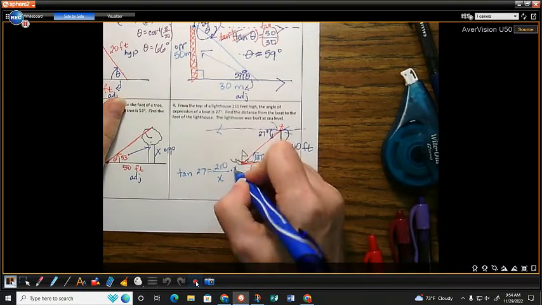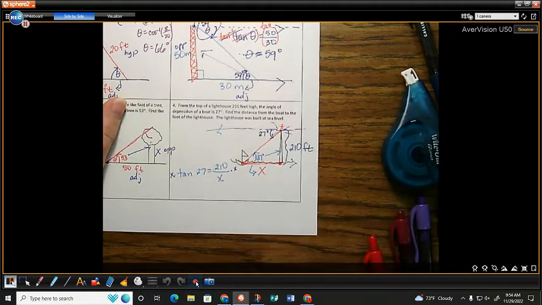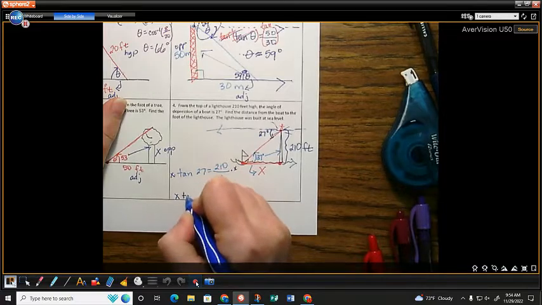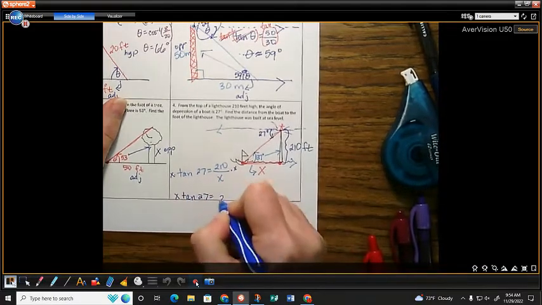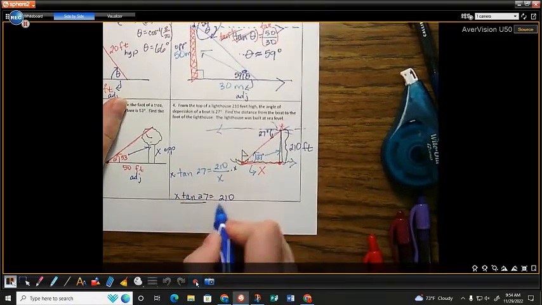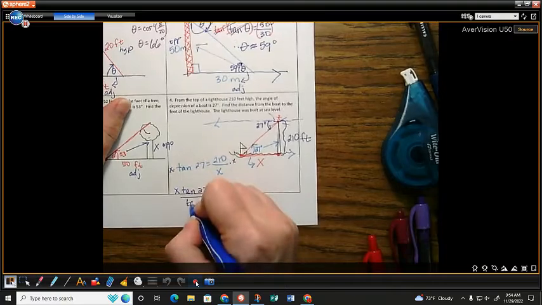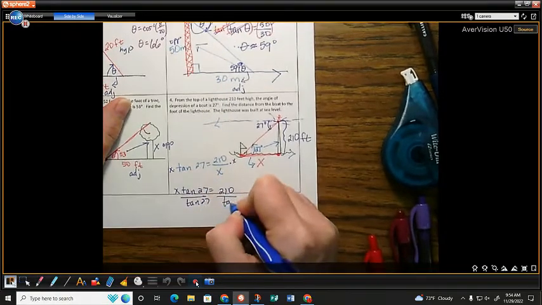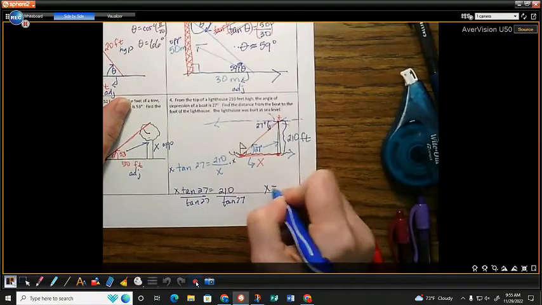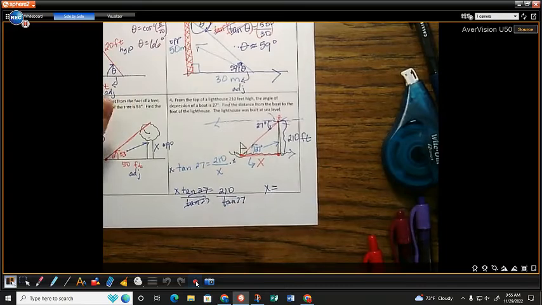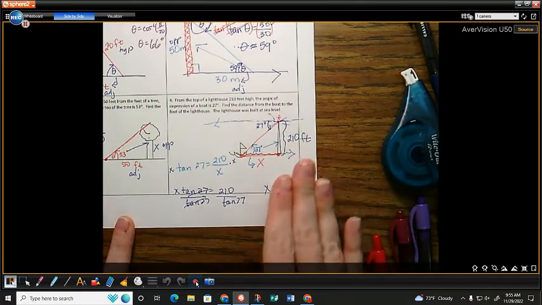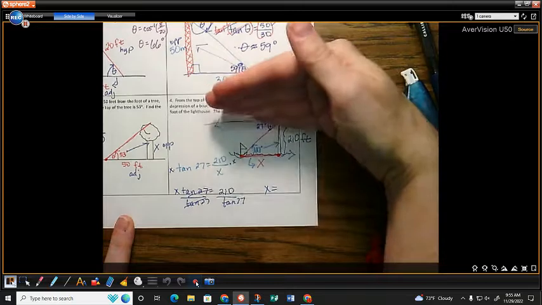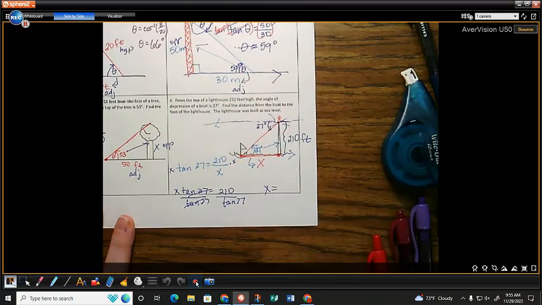You'd have to multiply x on both sides first. That doesn't get x by itself though. Then you would have to do division from there to get whatever x equals, because those would cancel out. But I'm not going to figure that out because I'm more concerned about, can you set up the problem? You always need your horizontal to do it.